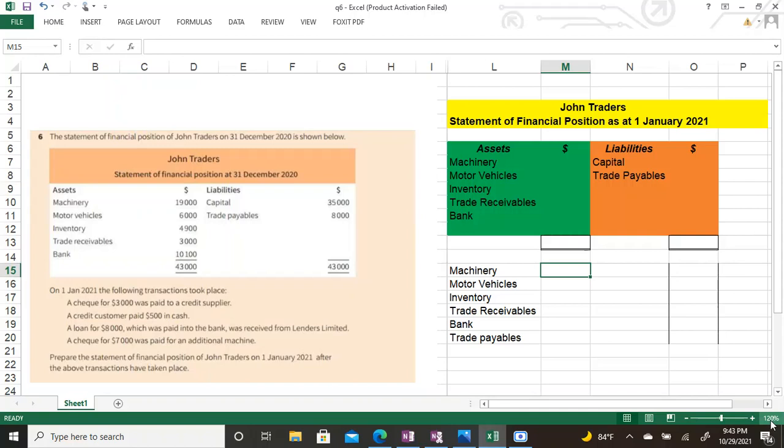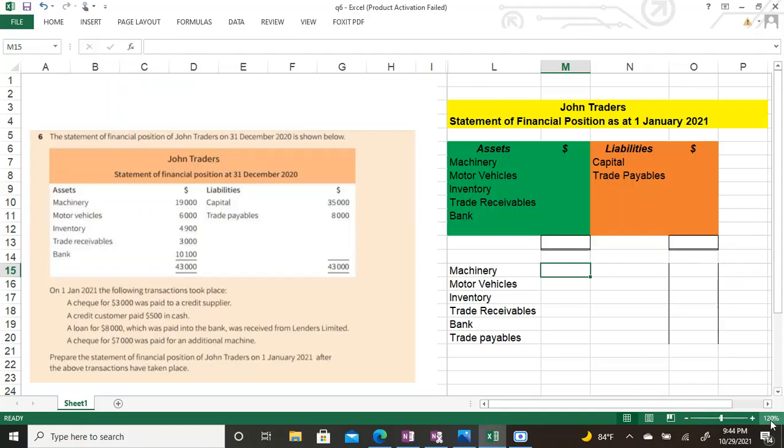Both sides are equal. On 1st January 2021, the following transactions took place, and we are required to prepare the statement of financial position of John Traders on 1st January 2021 after the above transactions have taken place.